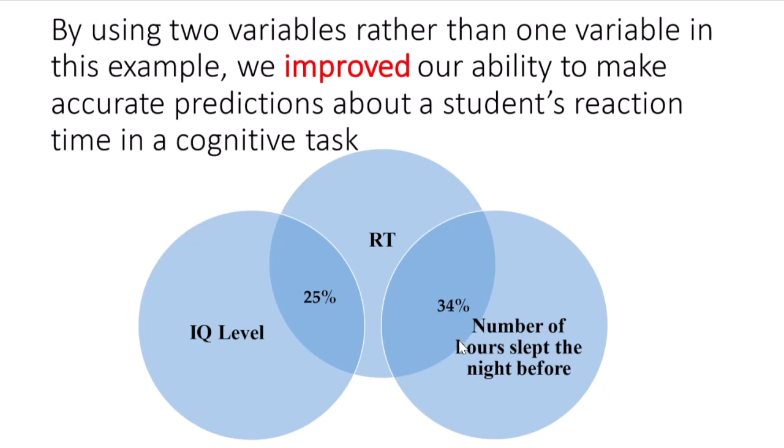So as long as there doesn't exist any linear relationship between IQ level and the number of hours slept the night before, the linear relationship between the independent variables is called multicollinearity. So as long as there doesn't exist multicollinearity or overfitting of the data, multiple linear regression would help improve our ability to make accurate predictions about the dependent variable.